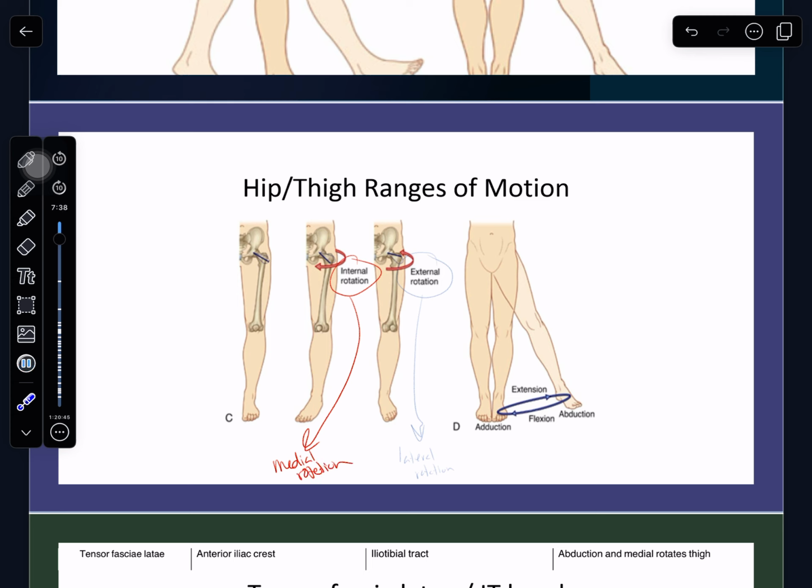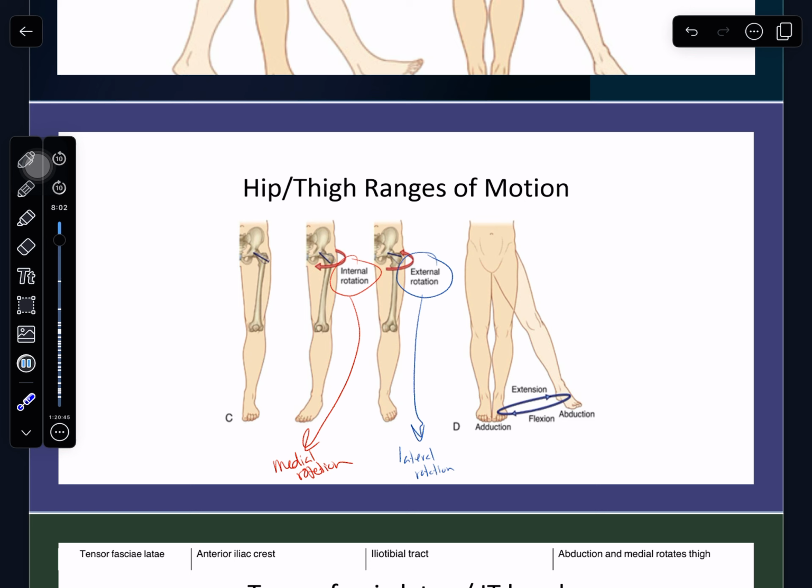Excuse the handwriting, just practicing for the future profession, right? And external rotation can also be classified as lateral rotation. By now we all know what lateral versus medial means, right? Medial is more toward the midline. Lateral is away from the midline.